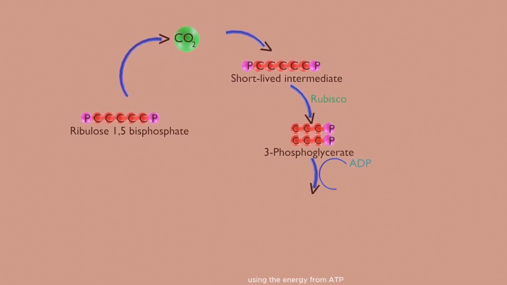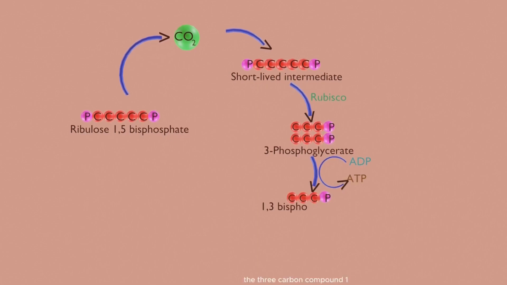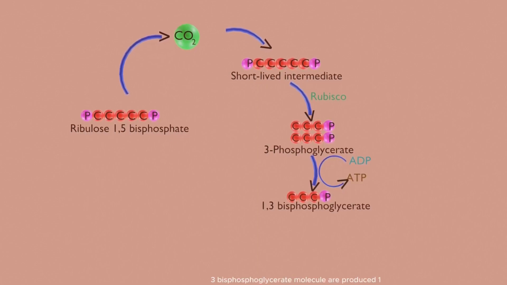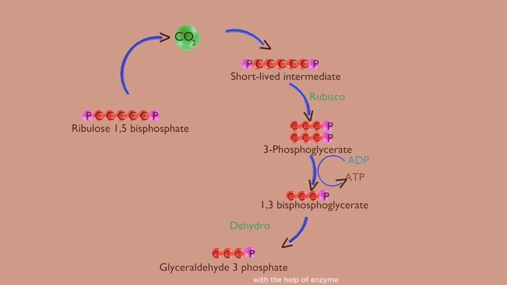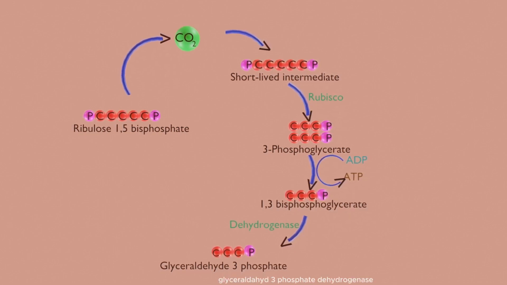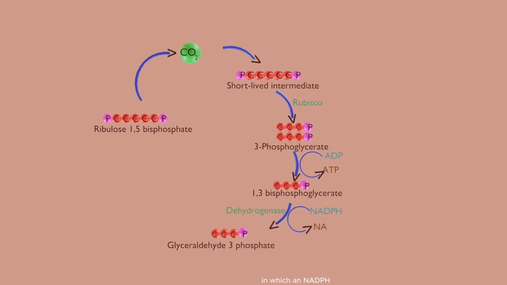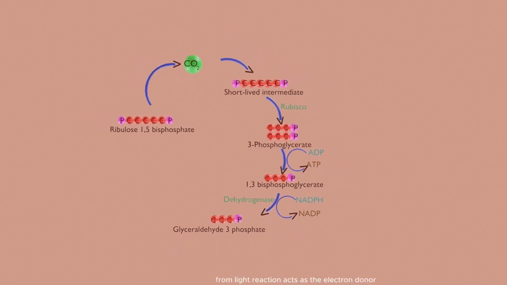Using the energy from ATP, the 3-carbon compound 1,3-bisphosphoglycerate is produced. 1,3-bisphosphoglycerate is converted into a 3-carbon sugar, glyceraldehyde 3-phosphate, with the help of the enzyme glyceraldehyde 3-phosphate dehydrogenase, in which NADPH from the light reaction acts as the electron donor.